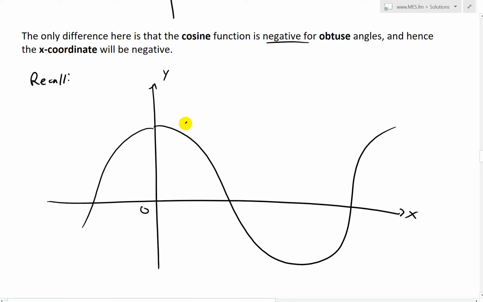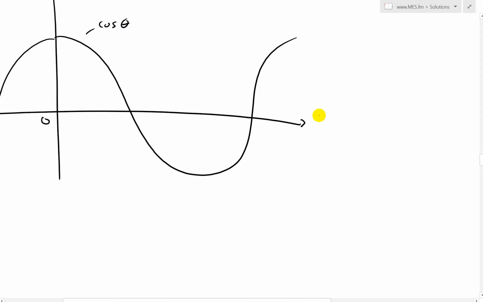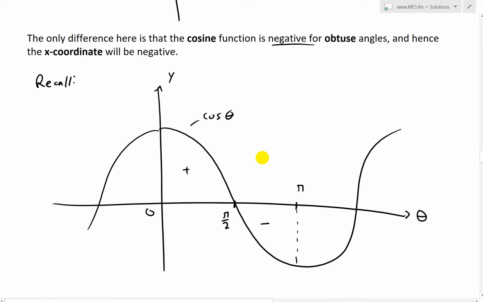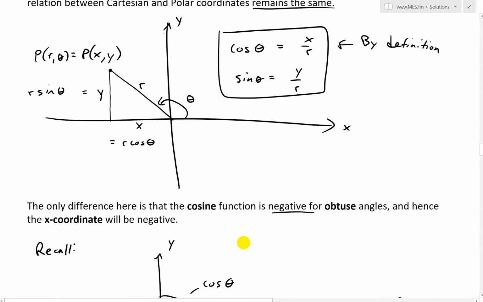This is from 0. This is our cosine theta, and then this is at our pi over 2 radians. This is at pi, and as you can see, here is positive and then it becomes negative between here where the obtuse angle is. So then we'll have a negative value for cosine, a negative x value.